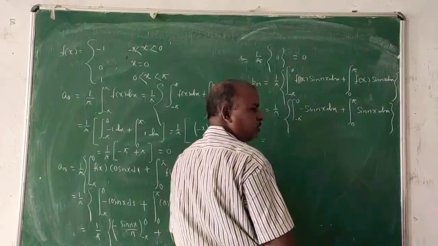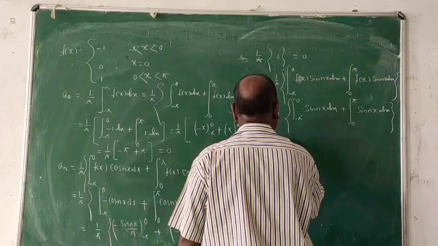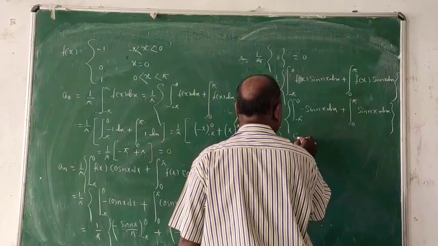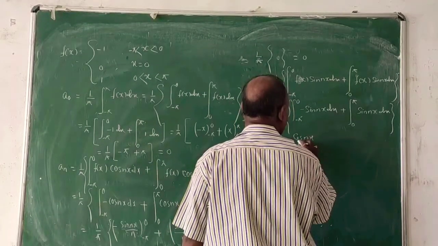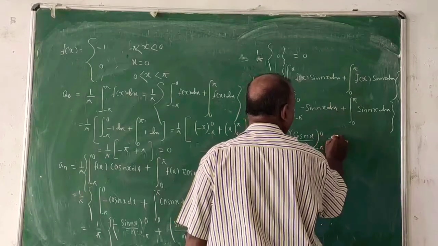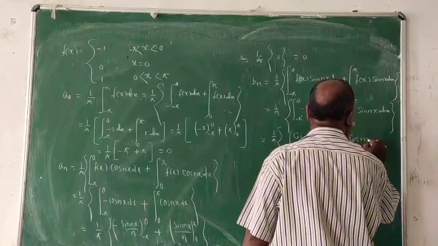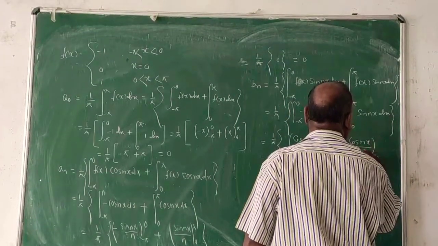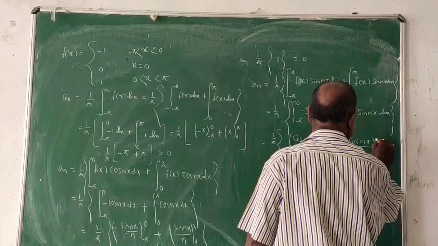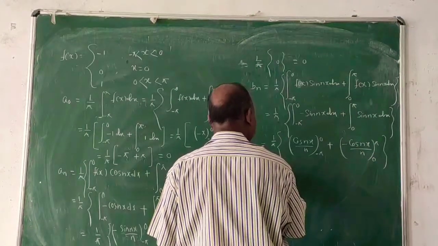Sine nx integration is minus cos, so minus minus plus. So 1 by pi, cos nx by n, range is minus pi to 0, plus minus of cos nx by n, range is 0 to pi. This result is 1 by 2 pi.